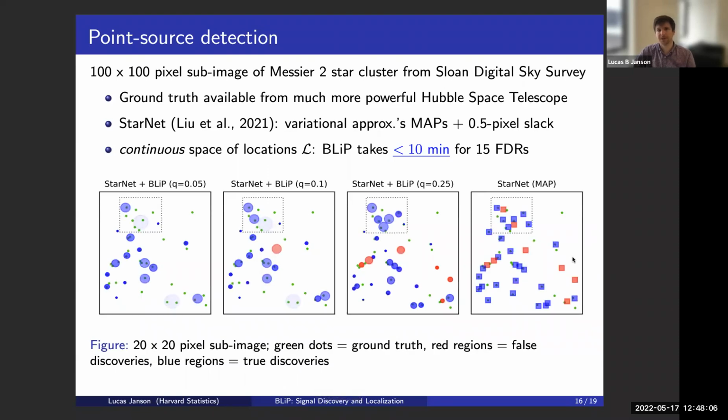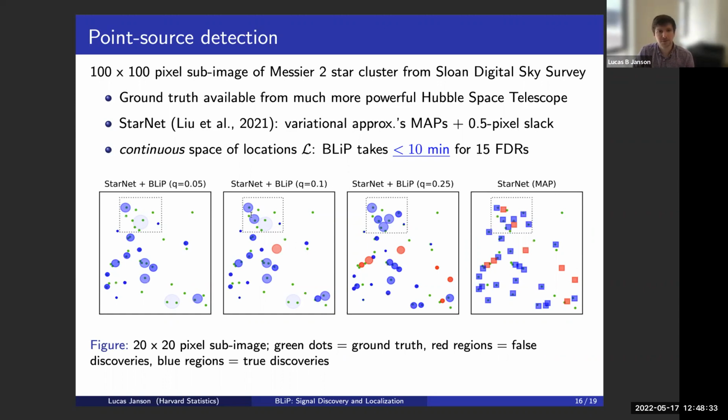And here's just a picture to give you a sense of what the output looks like. All the way on the right is what we call the StarNet output, which is MAPs plus or minus half a pixel, and they consider the pixels in XY space, so it really is little squares. And then what we output are circles, and these are 3 different nominal false discovery rates: 5%, 10%, and 25%.